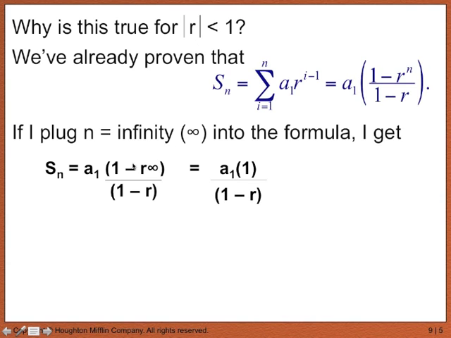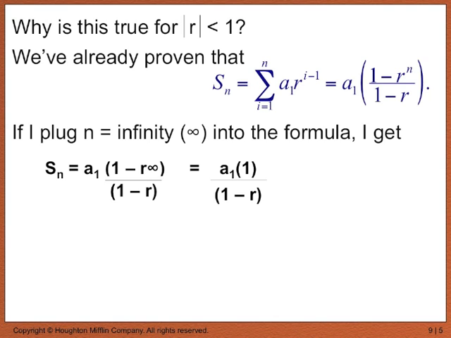If this is a very large number, and r is fractional, because recall that all we're trying to prove is the formula when the common ratio is less than 1, then if I keep raising r to bigger and bigger powers, r to the big exponent is going to approach 0. Let's throw out a random r, 1/2, which is less than 1. What's 1/2 to the 10th power?